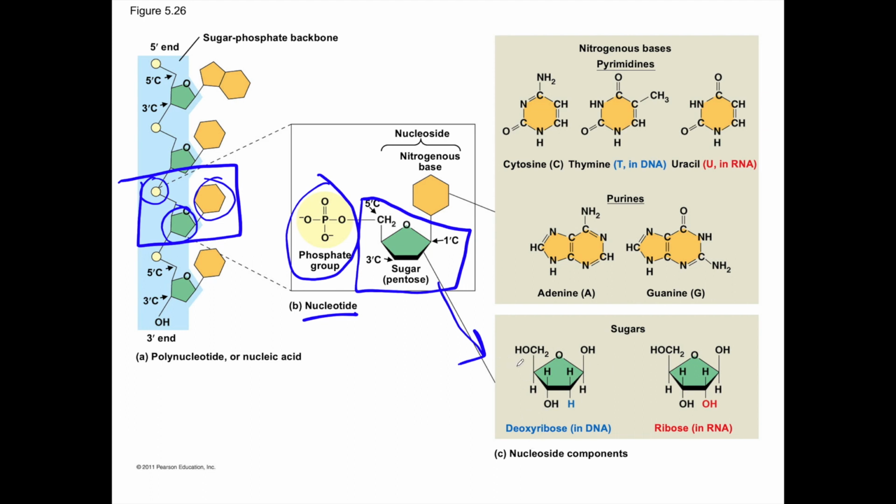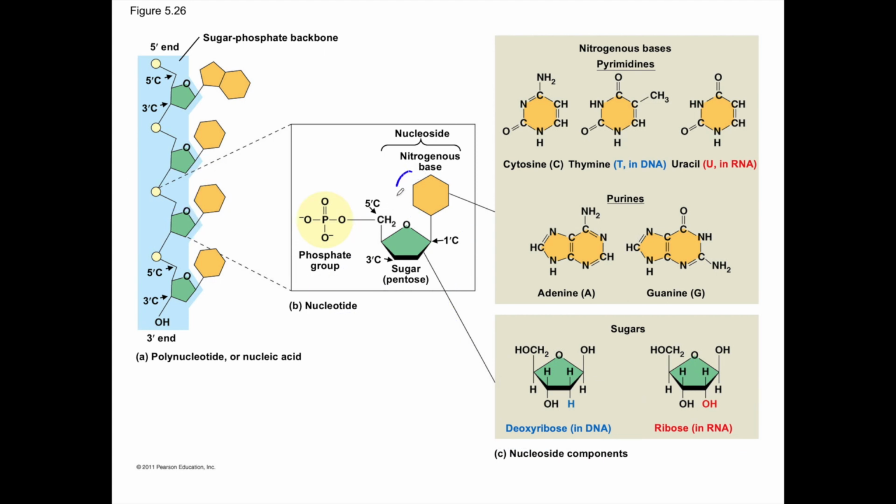Remember that DNA is made out of the sugar called deoxyribose, and RNA is made of a sugar called ribose. You have a nitrogen-containing base, okay, and those are the letters you've heard of before, like the letters A, T, C, G, in DNA. So the nitrogen-containing base inside DNA is A adenine, G guanine, C cytosine, T thymine.